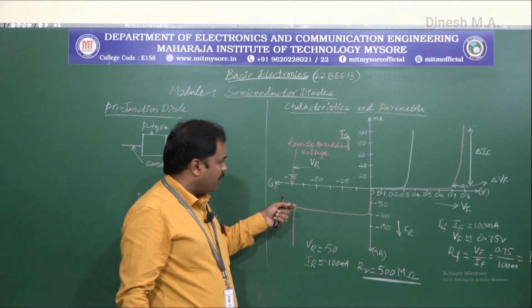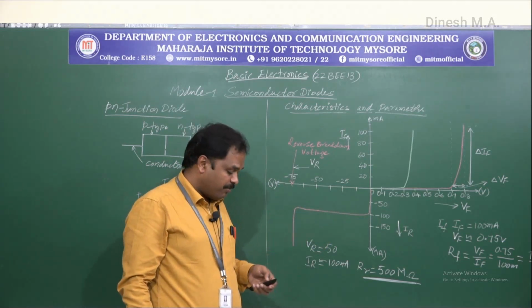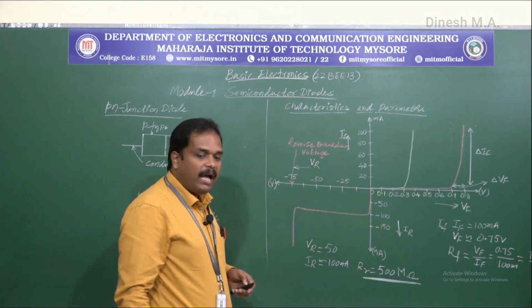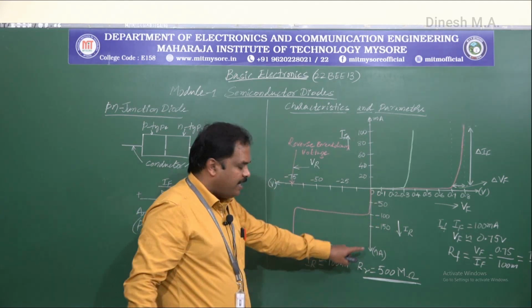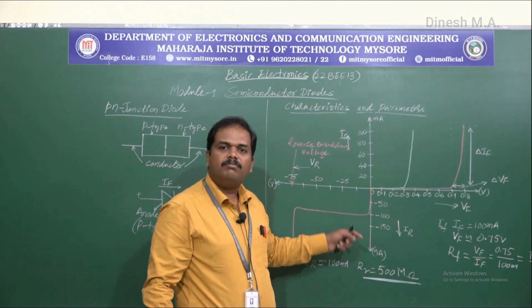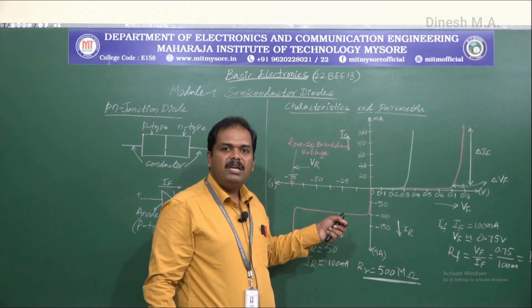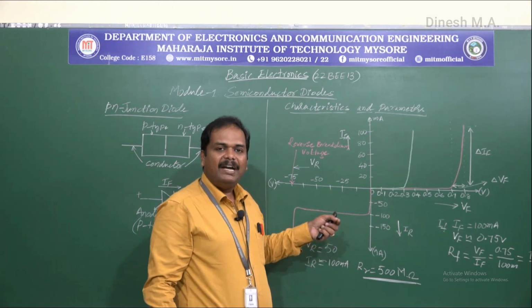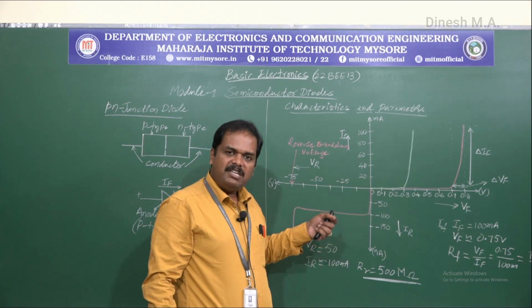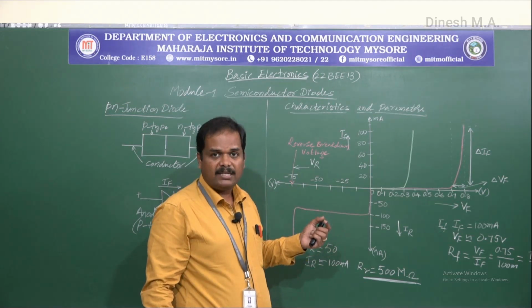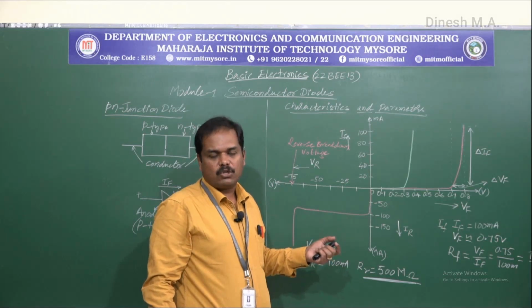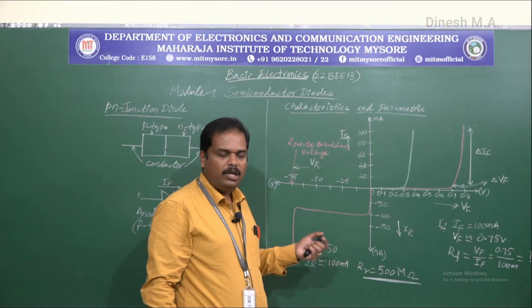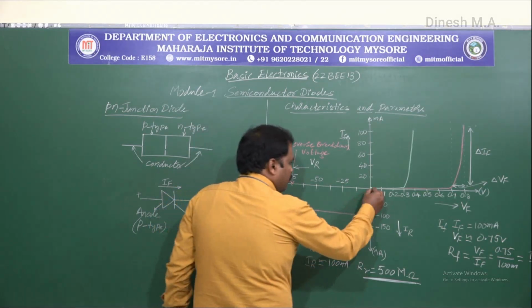Now coming to reverse characteristics of the germanium diode. What we have here is that the current ratings will not be in nanoamperes in germanium diodes. It will be in microamperes, and typically when a germanium diode is reverse biased, there will be typically 1 microampere of current flowing through the junction.